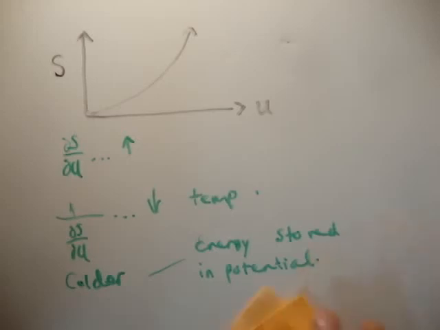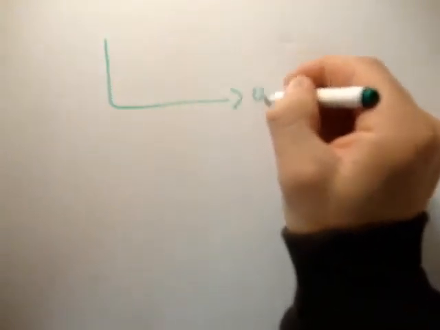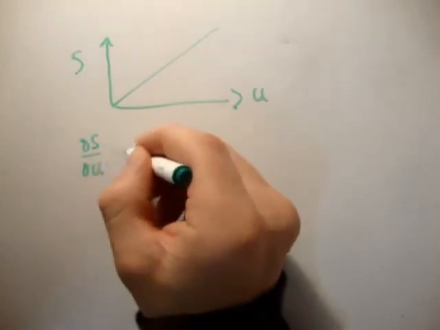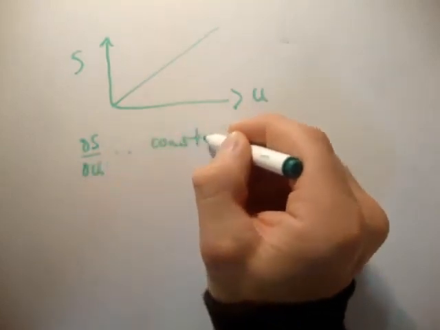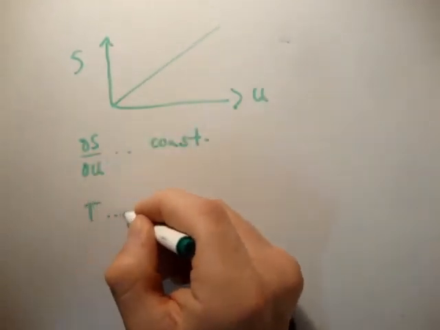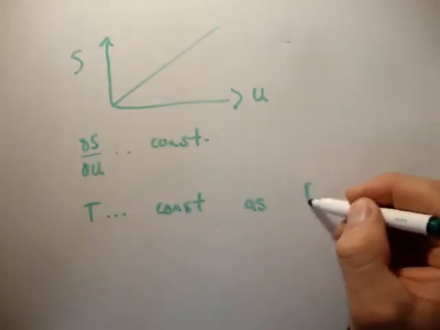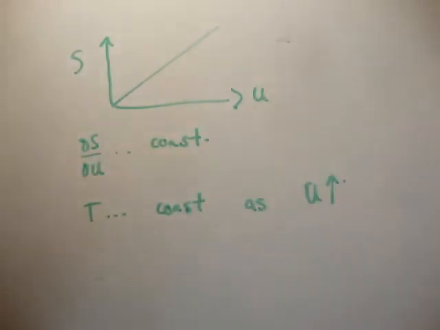And finally, what happens if the S versus U is constant? Let's see that, the third and final graph. So there's U, there's S, and it's constant. Well, del S del U is constant, and therefore the temperature, of course, is constant as U goes up. So as you increase the energy, the temperature stays constant.